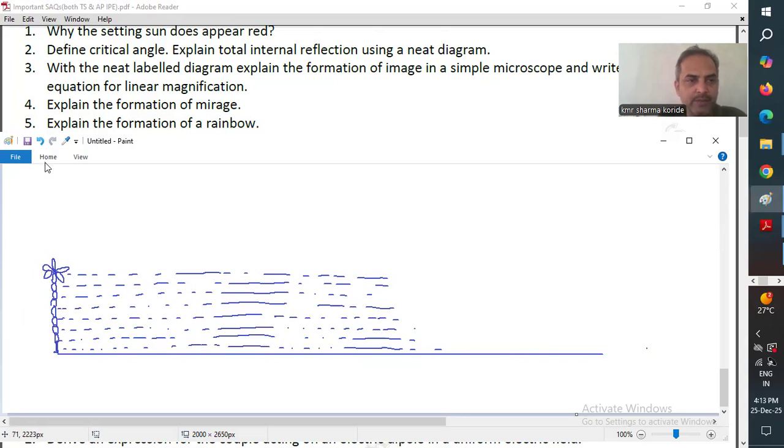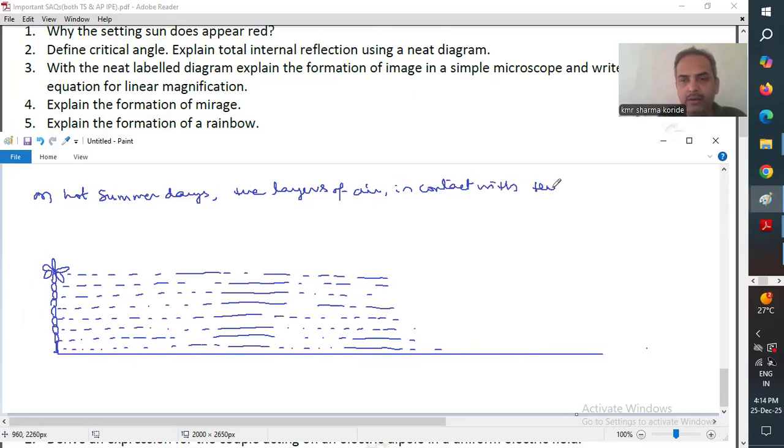So the explanation is, on hot summer days, the layers of air in contact with the ground are hotter, and they become low dense.